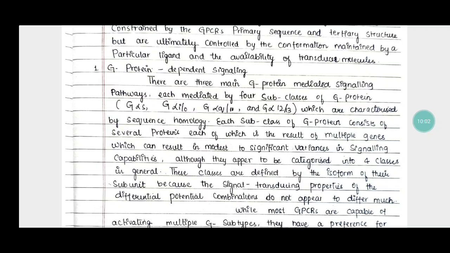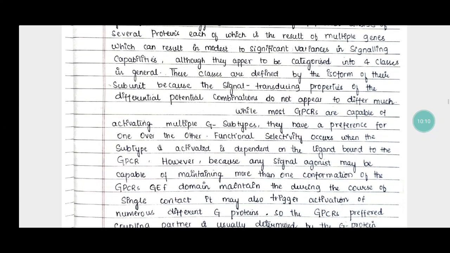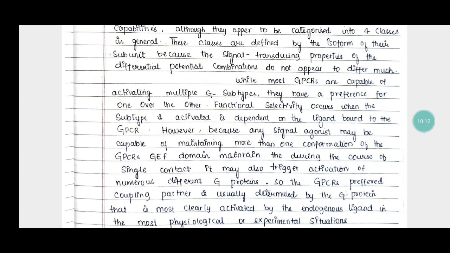These classes are defined by the isoform of the alpha subunit, because the signal transduction properties of the different potential combinations do not appear to differ much. While G protein coupled receptors are capable of activating multiple G subtypes, they have a preference for one over the other.